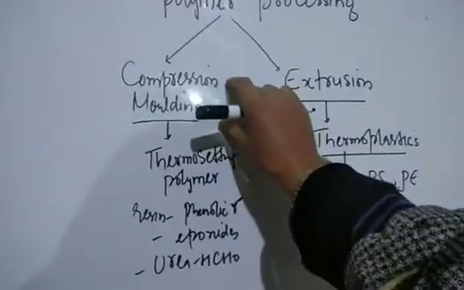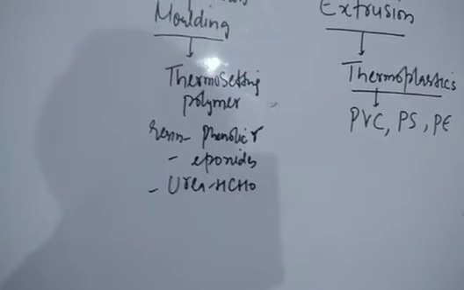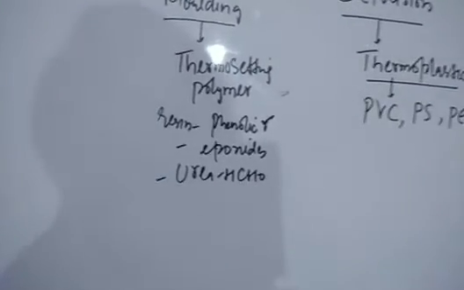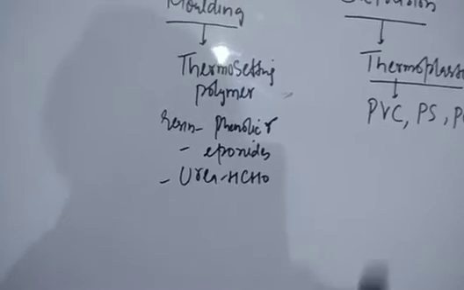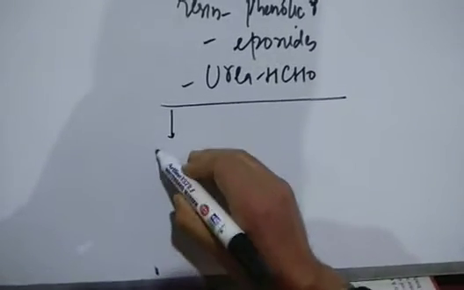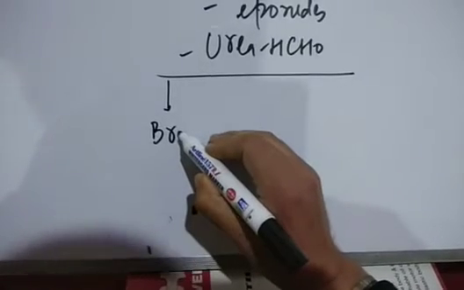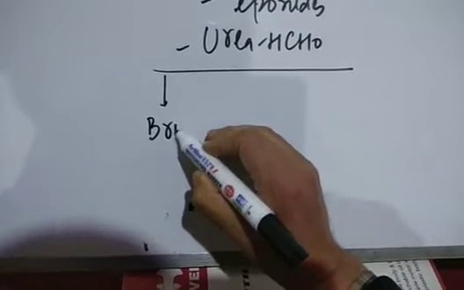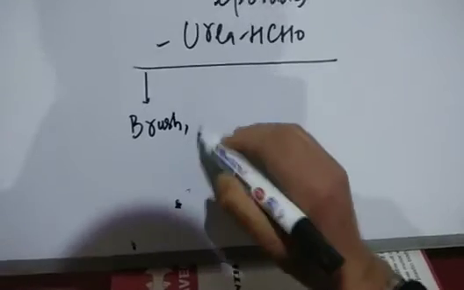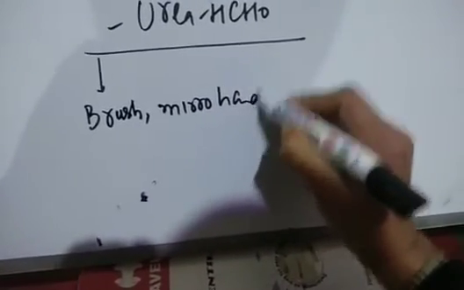ये जो compression molding method है, जिसे हम thermosetting polymers process करते हैं, so they have major applications. They are used to manufacture products. So through this method we can manufacture products like brush, mirror handles.